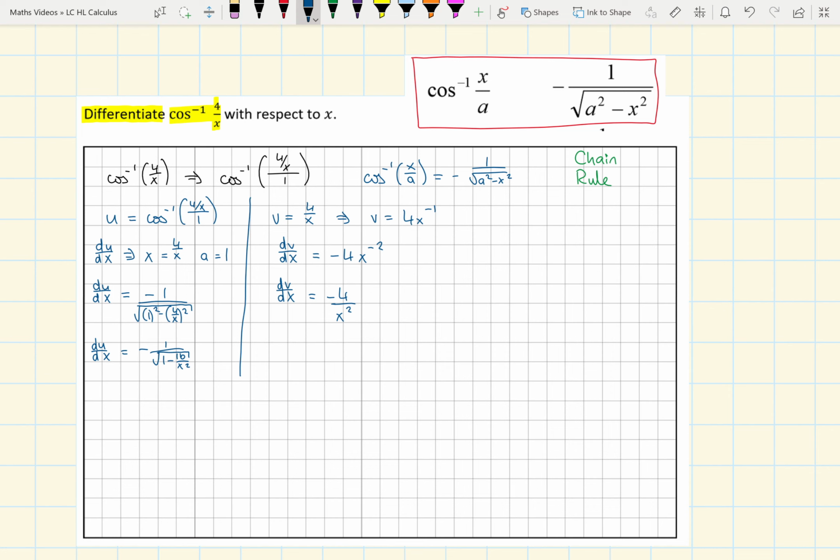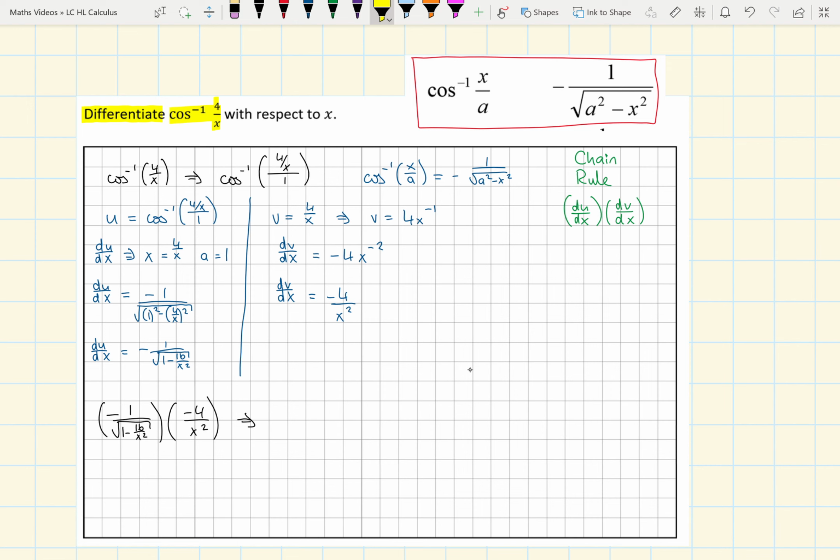Okay, so now our chain rule tells us that we multiply du dx by dv dx. So it'll be minus 1 all over the root of 1 minus 16 over x squared multiplied by minus 4 over x squared.